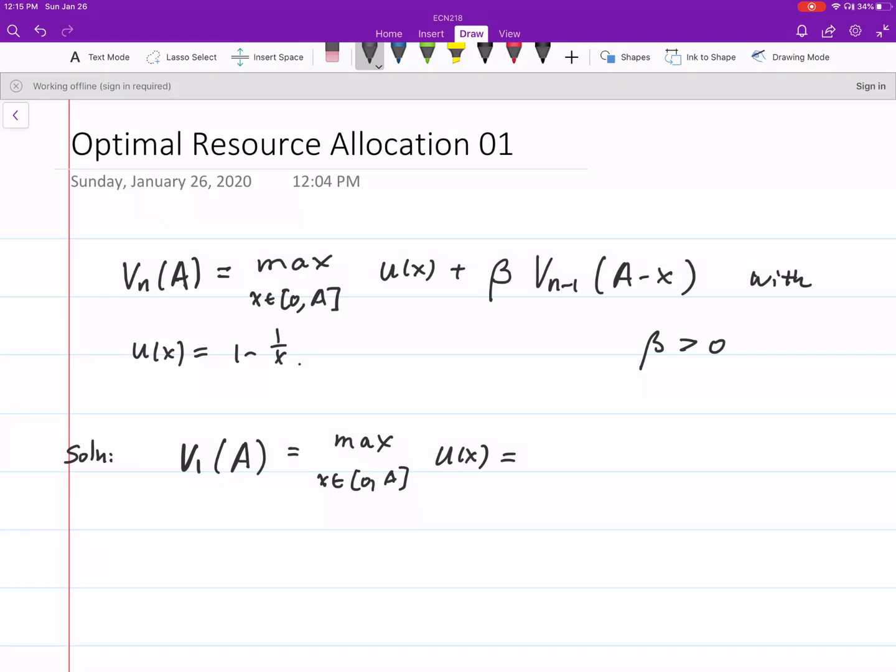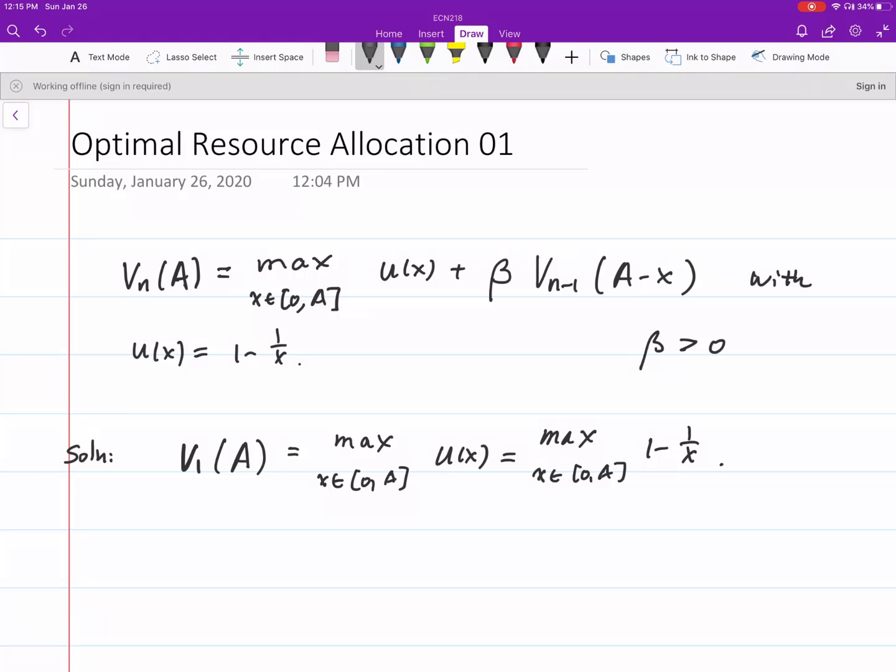We have a utility function with positive marginal utility. So we are going to see that our optimal resource allocation is simply going to be capital A. And how do we do that?